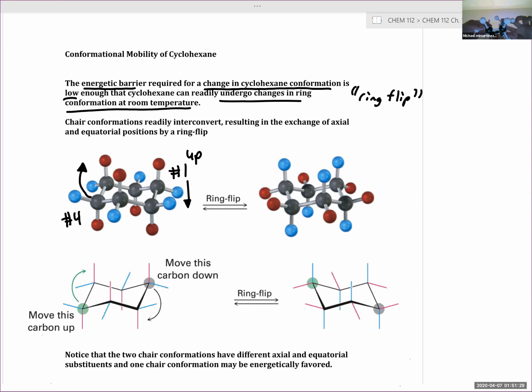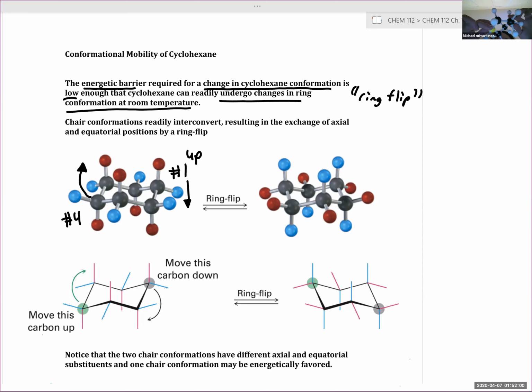So the real thing that's going on in the ring flip is as we bring one of our carbons up and the other carbon down, the relative positions of our axial and equatorial substituents change. So it's not like I'm turning this molecule upside down or anything. It's just as we exchange the relative position of our carbon 1 and carbon 4, all of our other substituents flip from axial to equatorial.